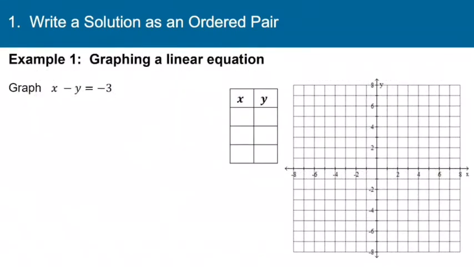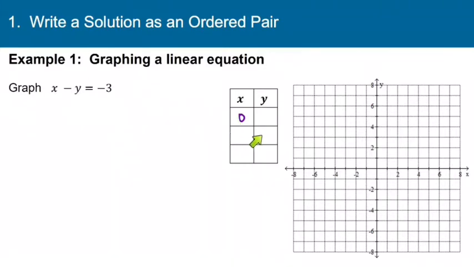So let's practice graphing here using the equation x minus y equals negative 3. And you can see that over here I've got us an xy table. So we just want to pick out some convenient values to plug in for either x or y. I'm going to choose to plug in 0 for x, because plugging in 0 is always easy.